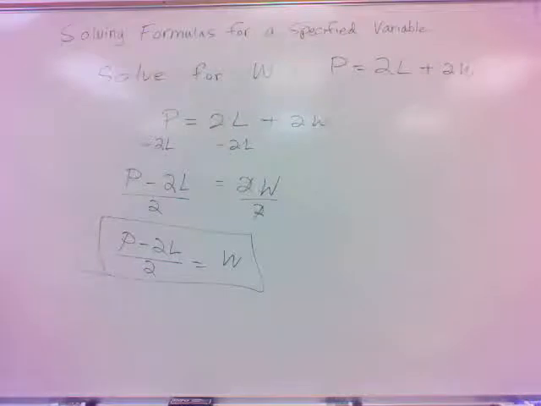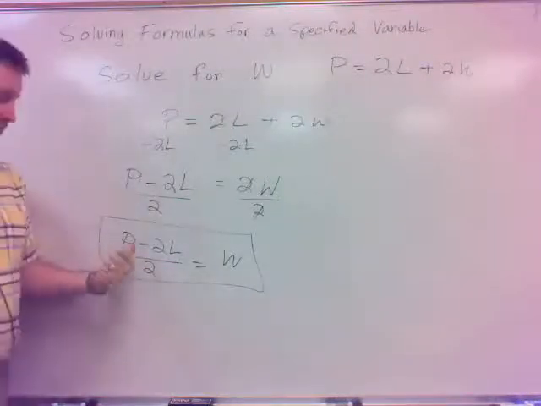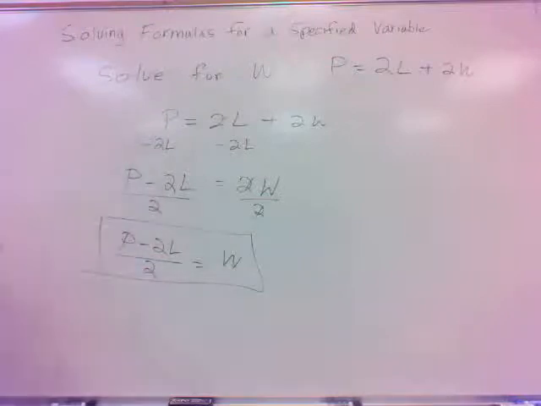However, let me point out, because of the nature of these things, and we're not actually getting a specific number here, we're getting an expression over here, there can be more than one answer for, in this case, our W. And let me show you another form of this answer.